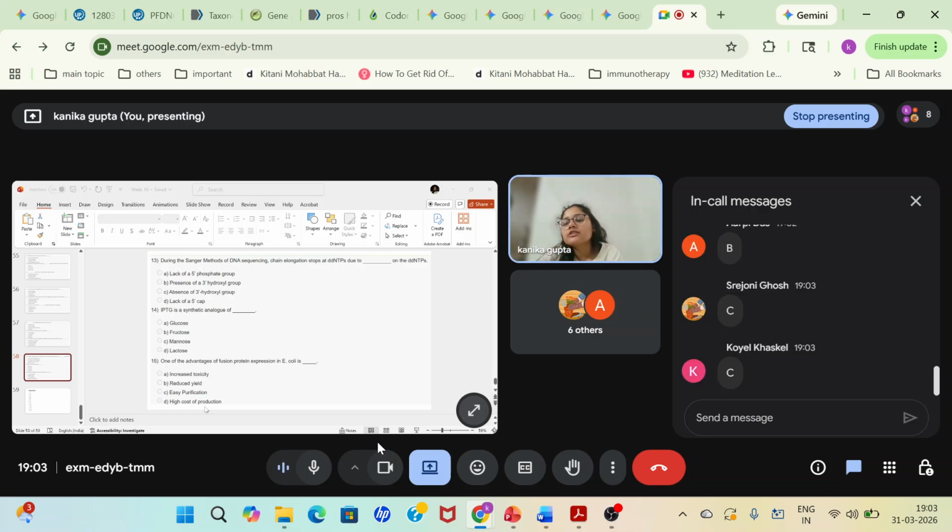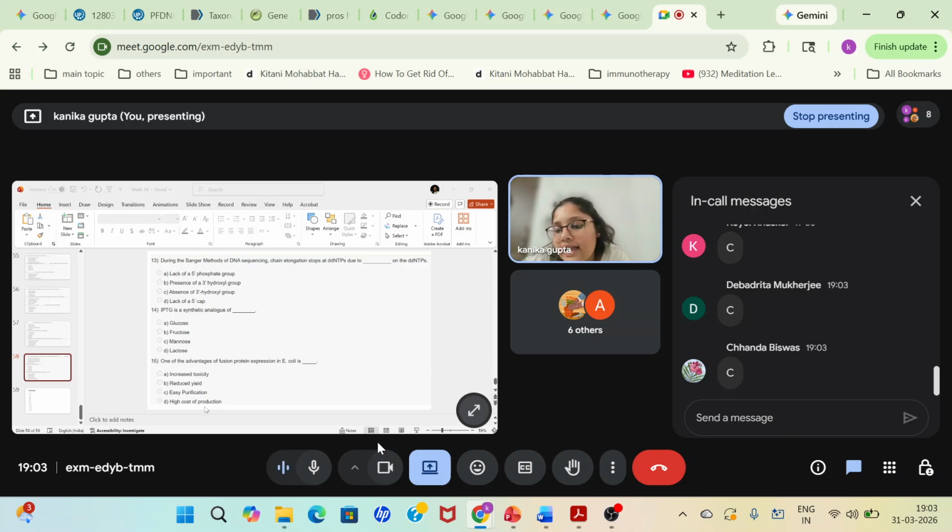Yes, it is the absence of the 3' hydroxyl group. That is why it is called dideoxy, because one deoxy, the 2' hydroxyl group, it did not have, and now the 3' hydroxyl group is also not there. That is why ddNTPs. Okay, question number 14.